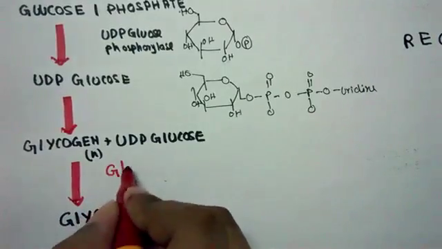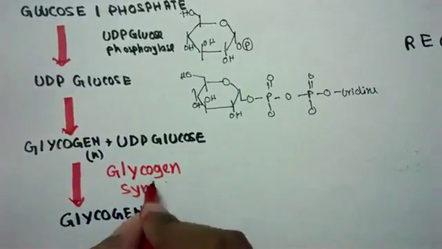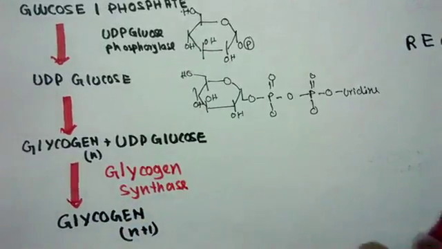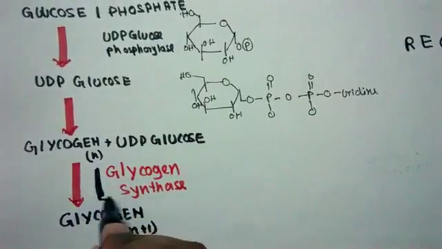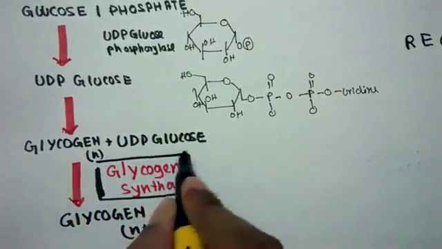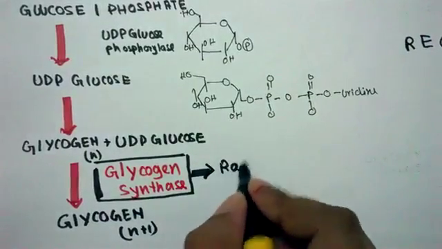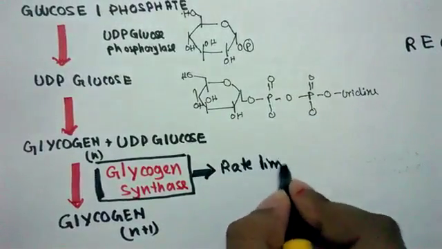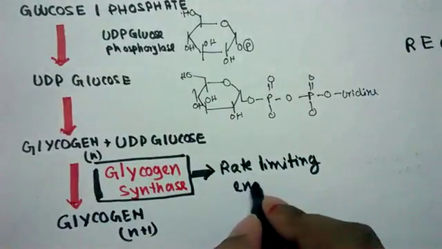This is glycogen synthase. And this enzyme is very important because it is the rate limiting enzyme in this pathway.